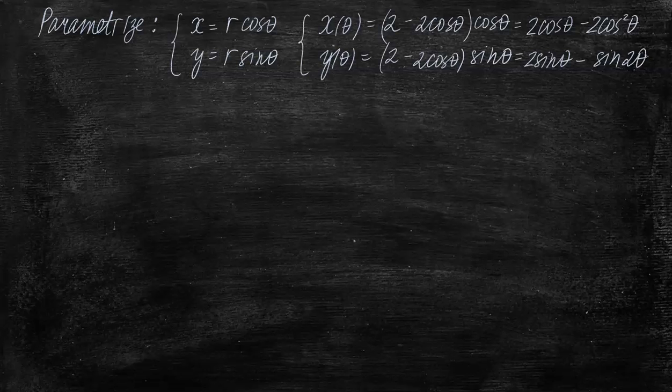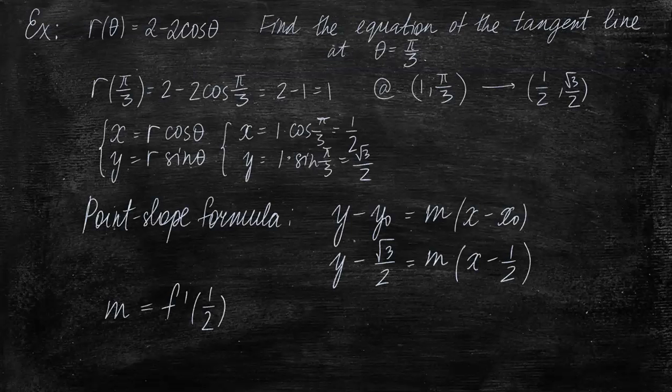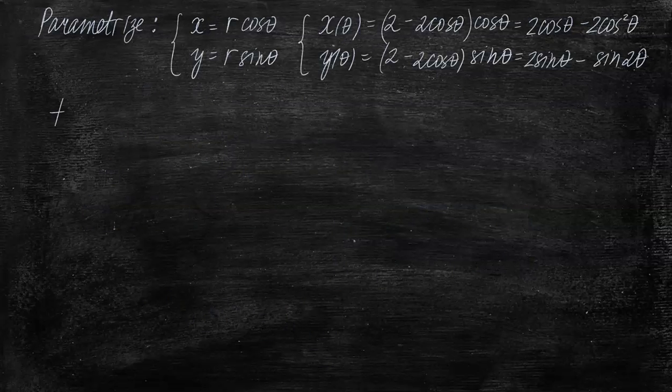All right, so now that we have it parameterized, the task of finding the derivative of f becomes the same as finding dy/dx and then evaluating it when x is equal to 1/2, but x is equal to 1/2 when theta is equal to pi over 3, which is our parameter. So to find dy/dx, we're going to use the formula for finding the derivative of a parametric equation.